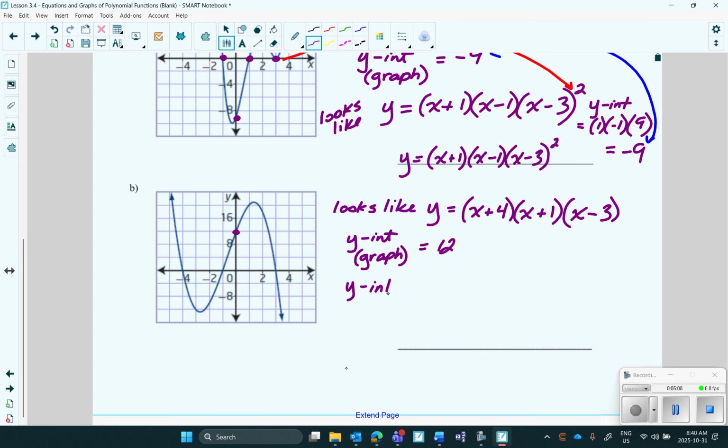So I have to find the y-intercept of the equation I think it is. And when I do that, I get 0 plus 4, which is 4, times 0 plus 1, which is 1, times 0 minus 3, which is negative 3. And when I multiply those, I get negative 12. Doesn't match.